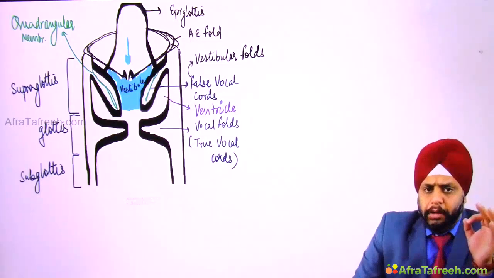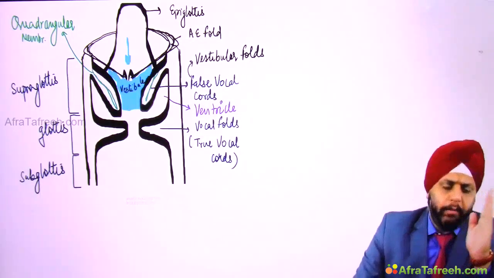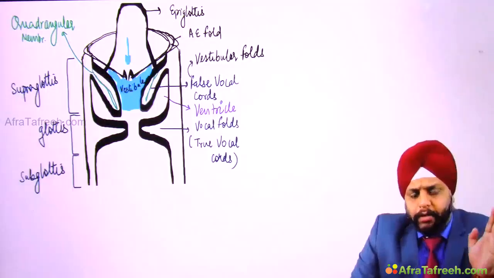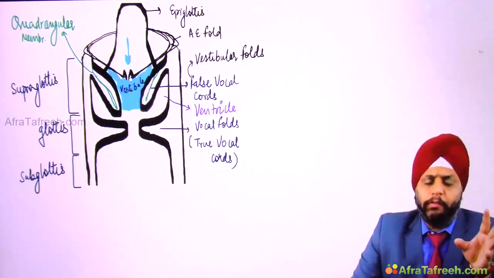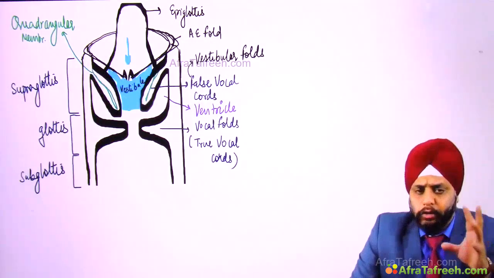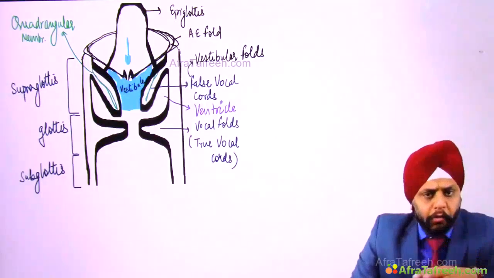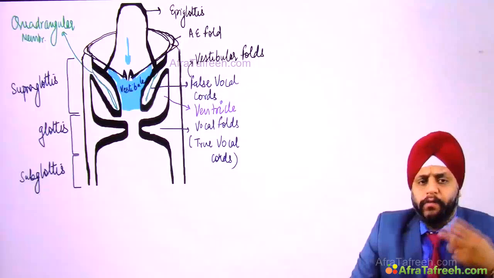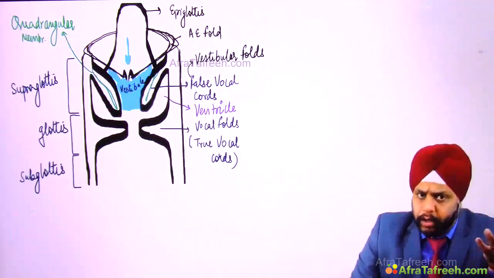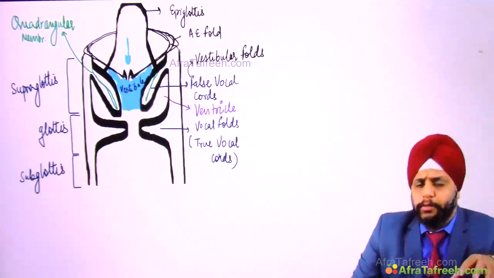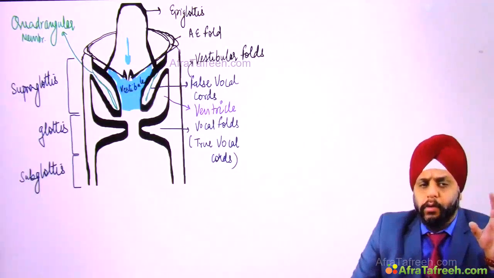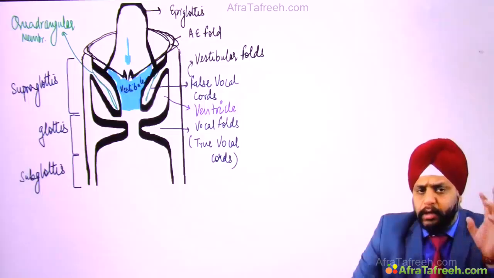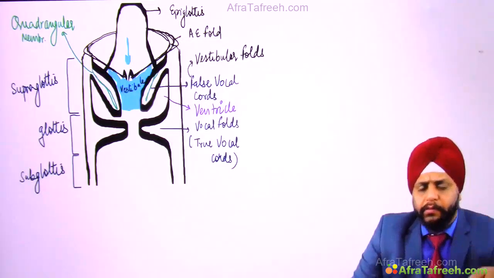Now remember, we talked about the pre-epiglottic space some time back. The pre-epiglottic space is filled with fat, so that is a potential space. It's not a true space. It becomes a space when a malignancy or tumor enters inside. Just like the deep neck spaces we discussed in the pharynx, those were also potential spaces.